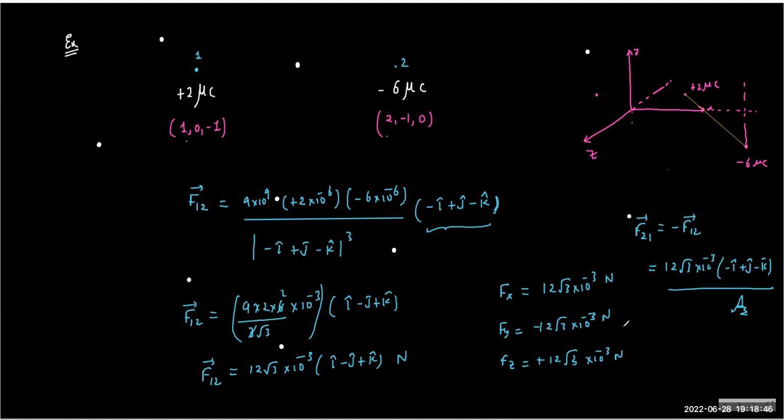If JEE asks a question like this, in which they put the coordinates, we have no choice but to use the vector form. But if we can actually locate and see the direction, then we do it by the common sense method. We'll see that also. Before I come back to the problem of vector form, I'll take you to some very simple problems of Coulomb's law that everyone should be aware of.